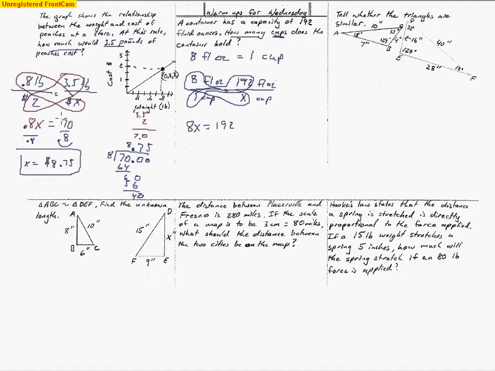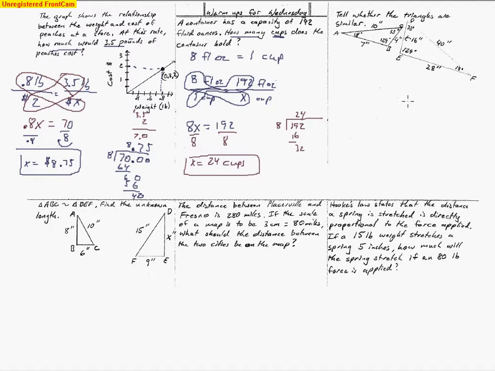So I'm dividing 8 into 192, and I'll do that off to the side. 8 goes into 19 2 times, makes 16 with 3 left over. And 8 goes into 32 4 times, so it goes in evenly. x is 24 cups, because that's what I was looking for.